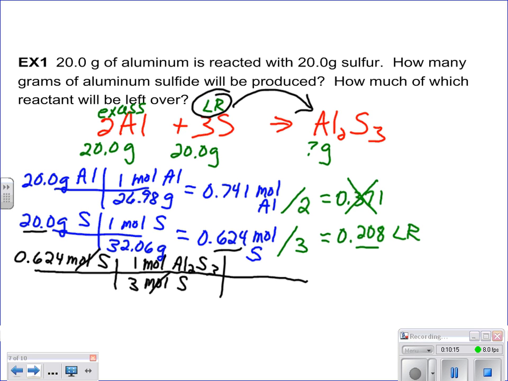Now we've got it as moles of aluminum sulfide, which we can get rid of, and go to, let's see our number here, it's going to be 150.14 grams of aluminum sulfide.